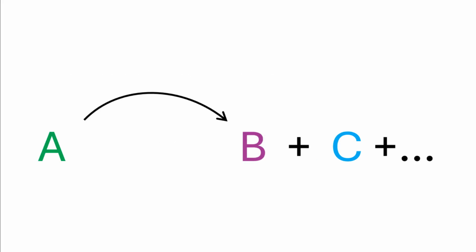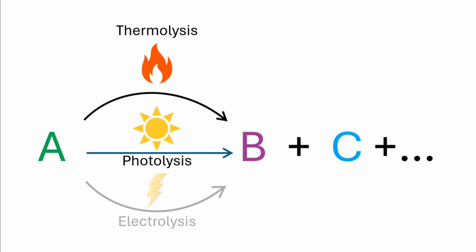The breaking down process involved in a decomposition reaction may be catalyzed or sped up by heat, light, electricity, or even a change in pH. In some cases, the chemical breakdown products can recombine instantly in a reversible process to form the reactant again. In this video, we'll be demonstrating a few examples each of chemical decomposition by heat, light, and electricity.